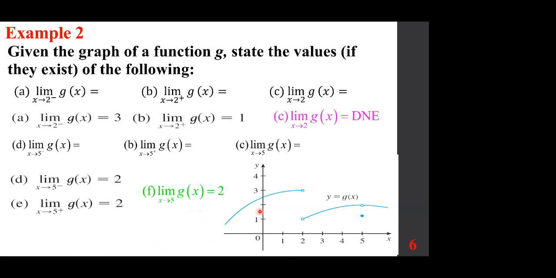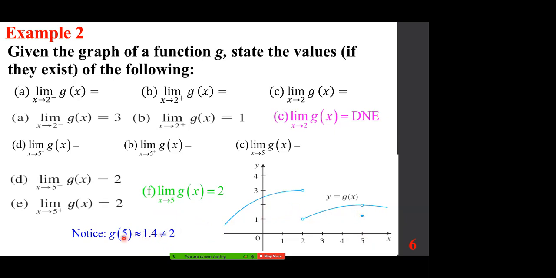Now, I want you to notice that if you're interested in the functional value at 5, we want the y coordinate of this point, which is, of course, not equal to the limit. It seems to me that it's maybe 1.4 or whatever you read. I'm okay with that.